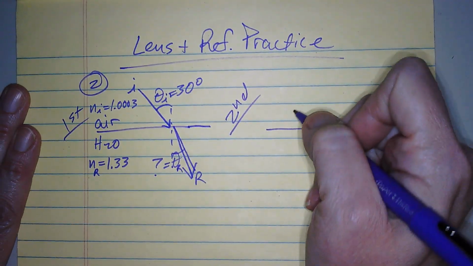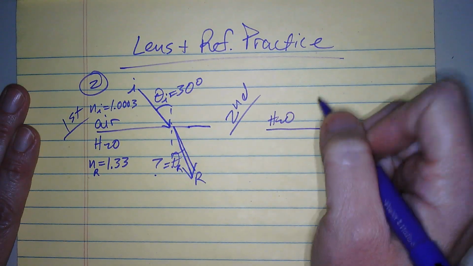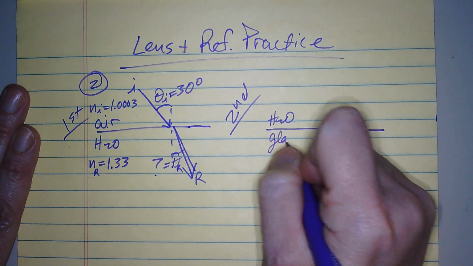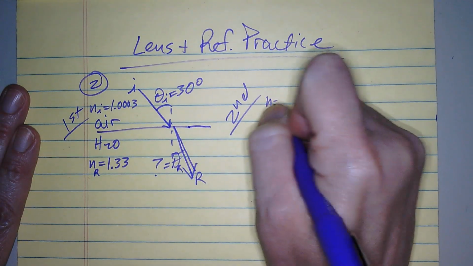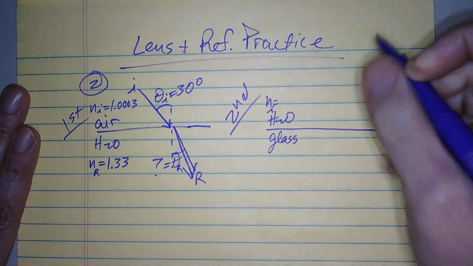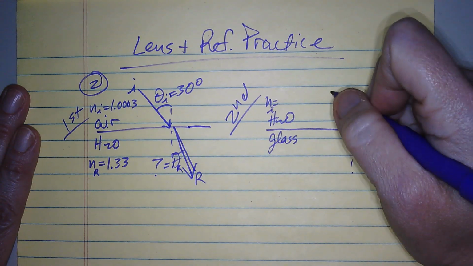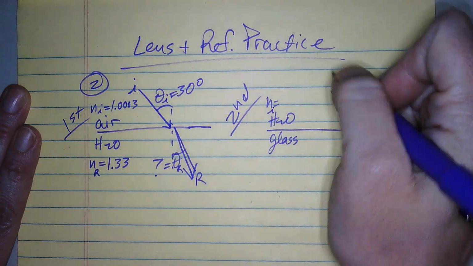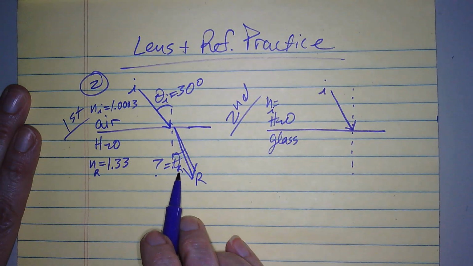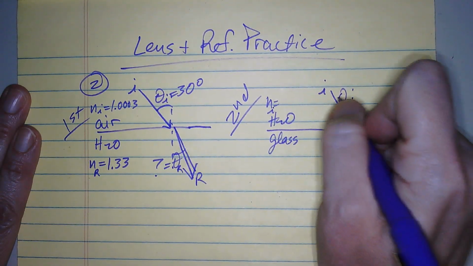Then it's going from water into glass. The N of water, that's where it's incident. It's coming in at whatever angle this was. This is your theta I now.